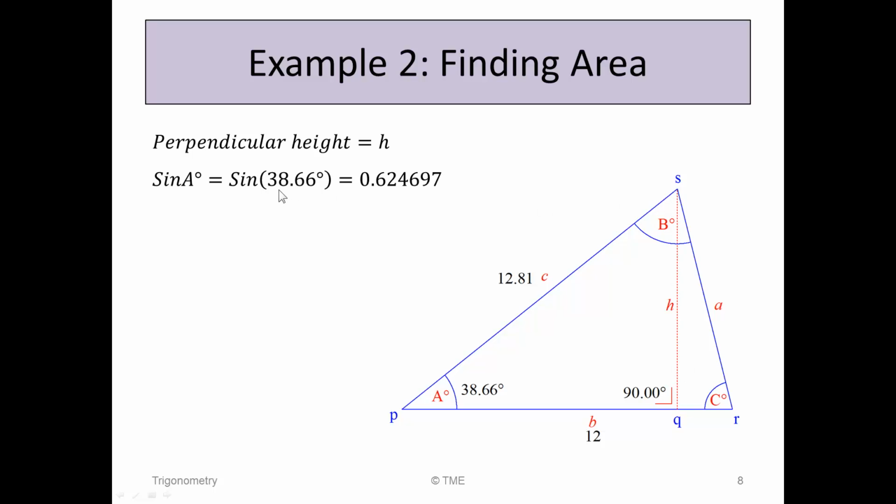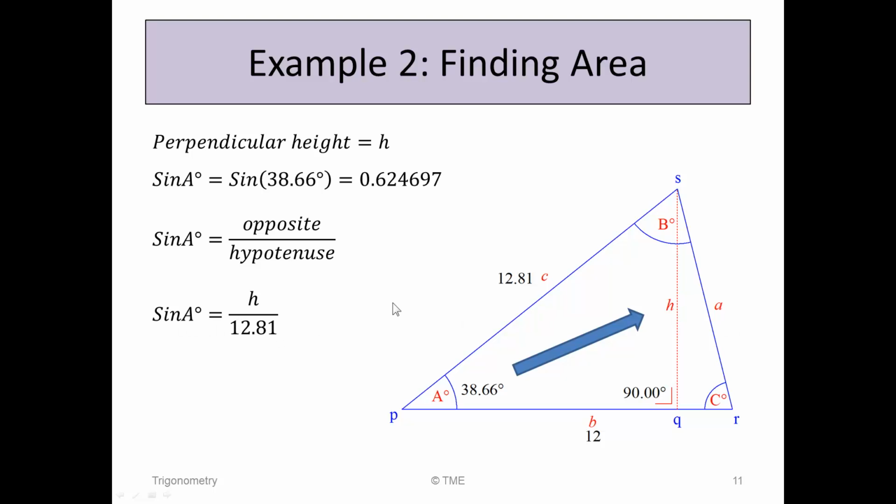Well, we do know that the angle A is 38.66, and we know its sine is 0.624697. But sine is SOH. Sine is given as opposite over hypotenuse. And the opposite side to the angle A in the right angle triangle is the side with length h.